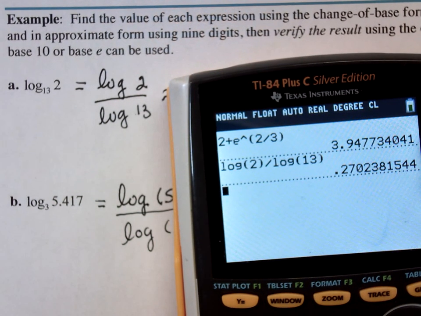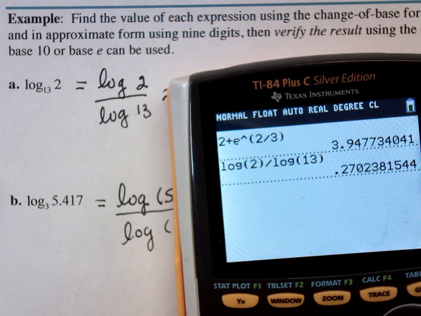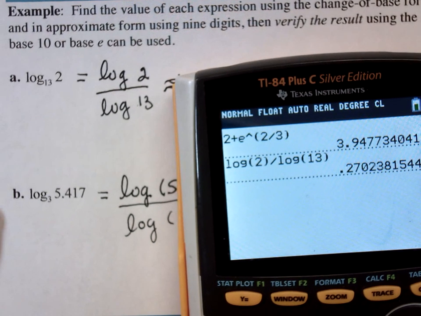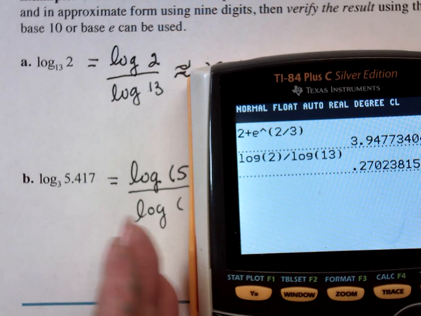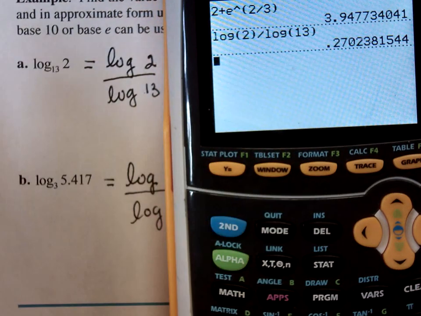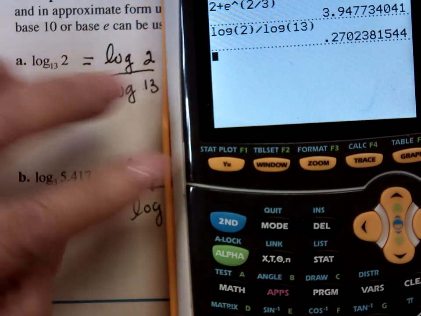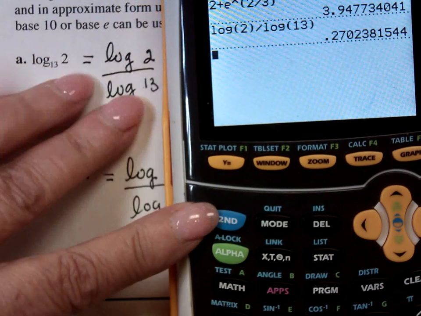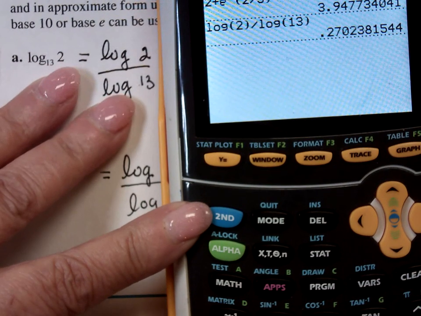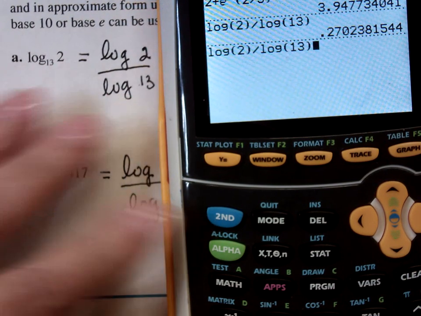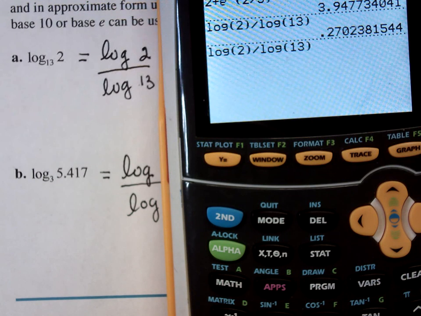Now, what your calculator has is something called deep recall. I know Freddie showed you that. But if I do second enter, and then hit the enter button, that brings back the last thing I did. And I can edit that thing. That comes in very handy when you've got a repetitive set of calculations going.